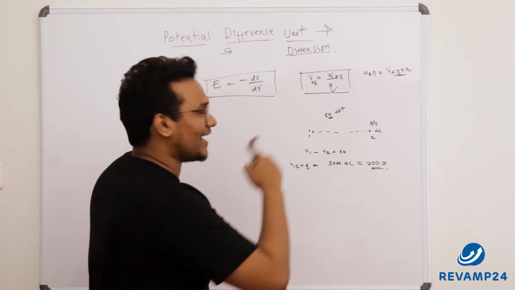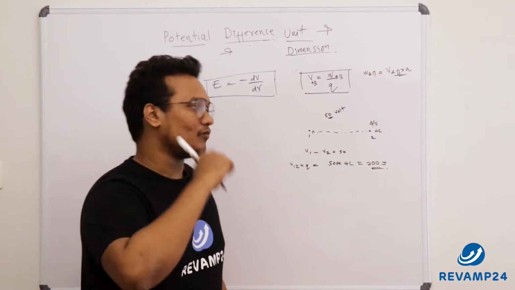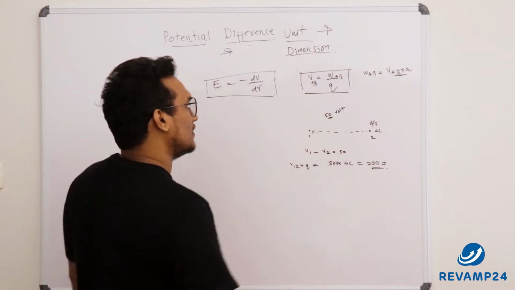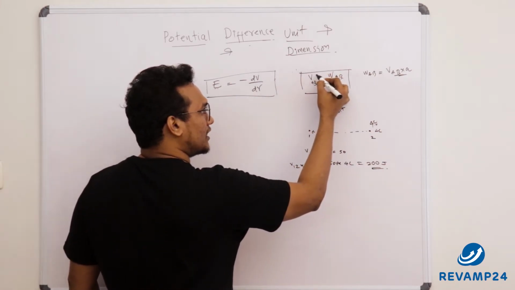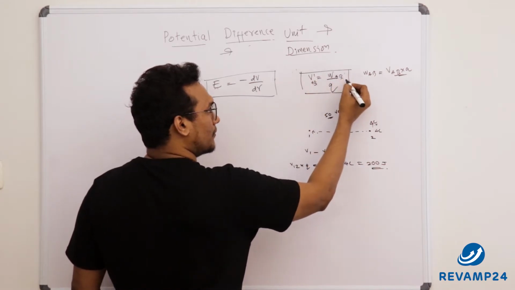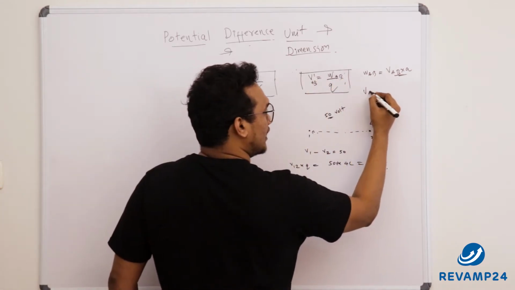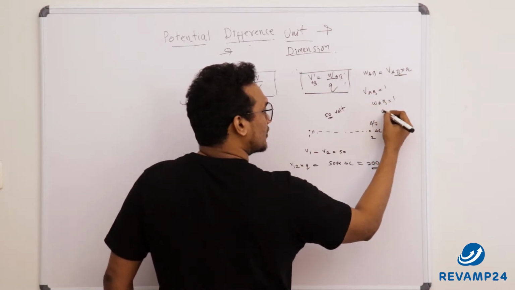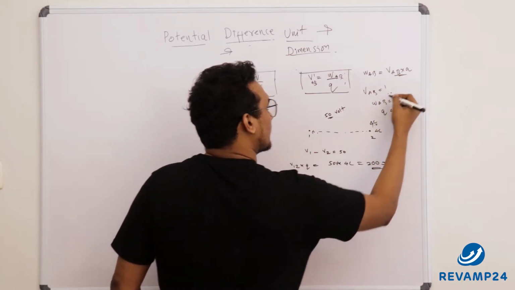Clear? I can also define what is 1 volt. Here keep the value of VAB as 1, WAB as 1, and Q as 1. This equation will be correct, right?